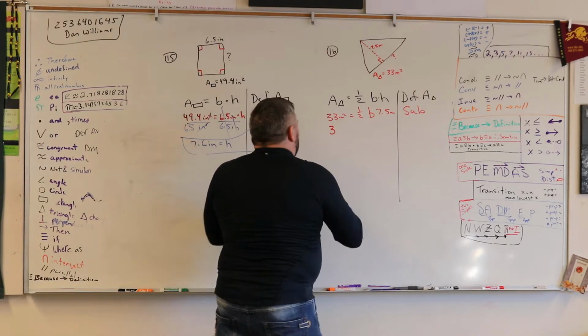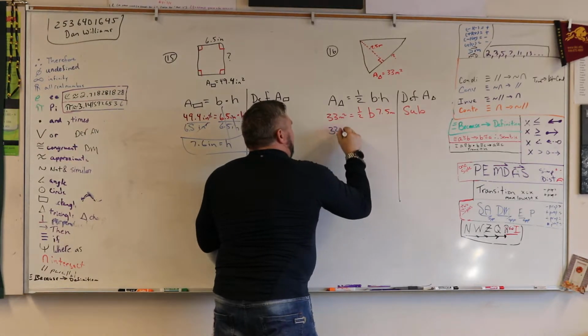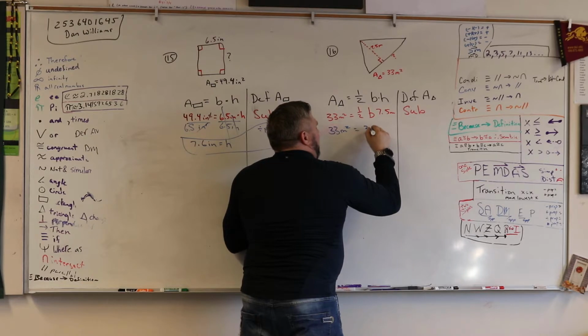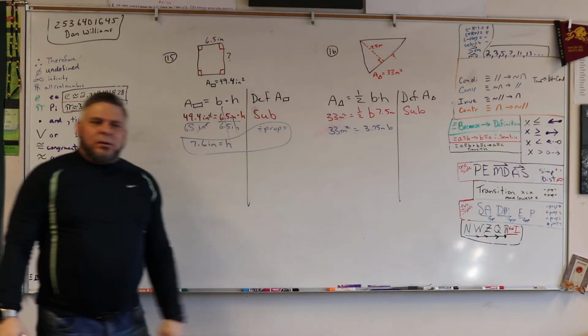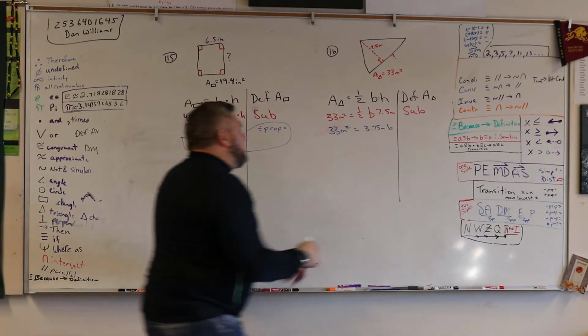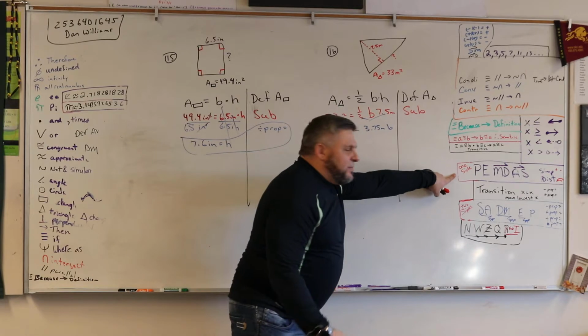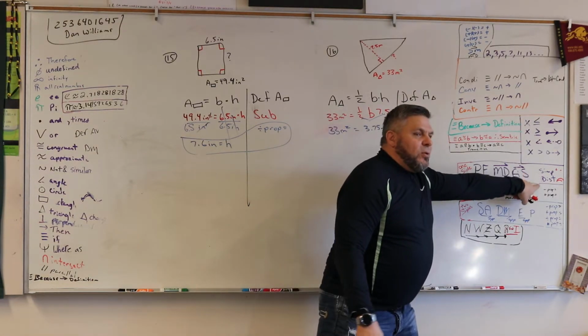Whoops. Wrong color. 33 meters squared equals 3.75 meters B. All right? What did I do over here? I multiplied these guys, right? PEMDAS, one side. Simplify or distribution.